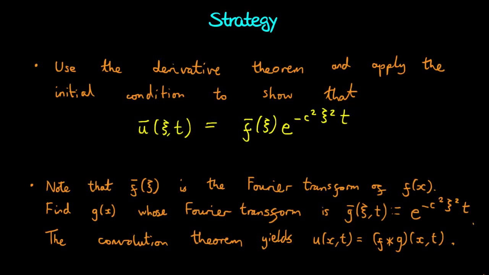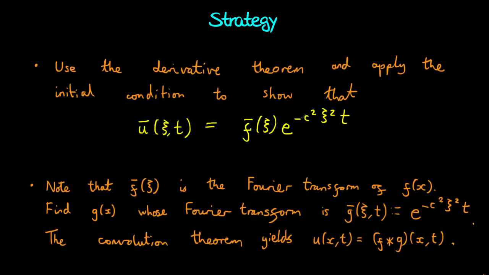Then the second step is all about inverting the Fourier transform. So we've got an expression for u bar. How do we get back to u? If we look at the right hand side of this expression in yellow, the Fourier transform f bar is just the Fourier transform of f, so we know what the inverse Fourier transform of f bar is.